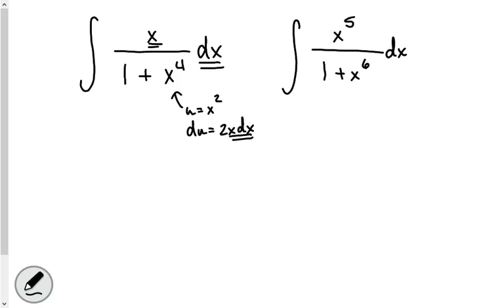But u would be 1 plus x to the 6th, right? But if it said this, then you would do arctan because your u is x cubed and your du is 3x squared. Do you see the difference?